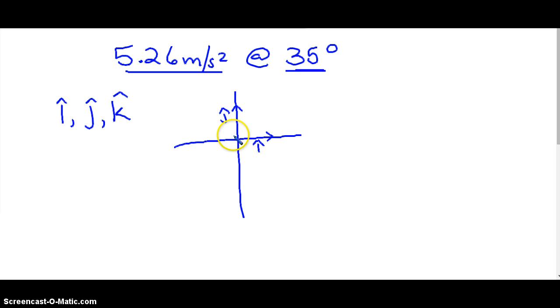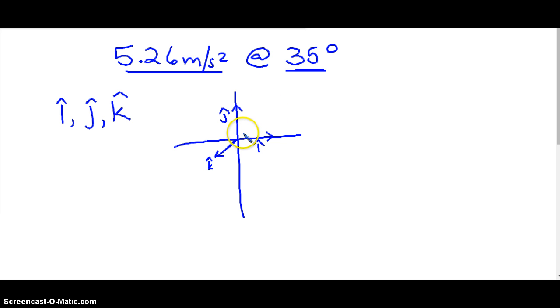And you can't see this, but pointing in and out of the page at you would be my k hat vector in the z direction. We won't talk a lot about 3D in this class, but just pretend this is pointing straight out of the screen at you, that k hat unit vector. We're just going to worry about this.